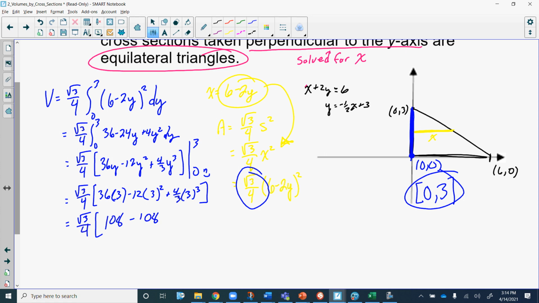Okay, so those are going to cancel. So 27 over 3 will be 9 times 4. That'll be 36. Hey, didn't need a calculator after all. So these are going to cancel. So I really just have radical 3 over 4, and the 4 goes into the 36 9 times, so that'll just work out to be a 9 radical 3.